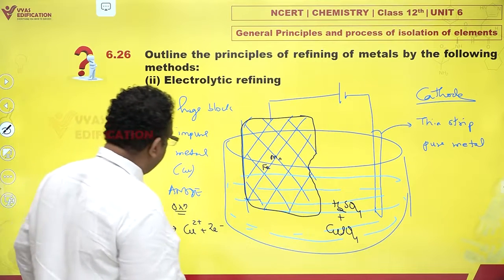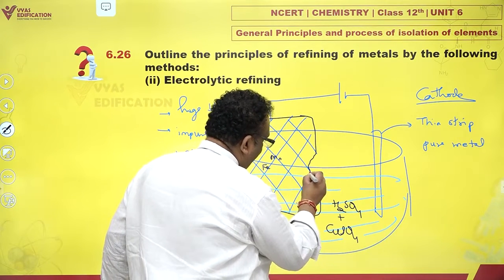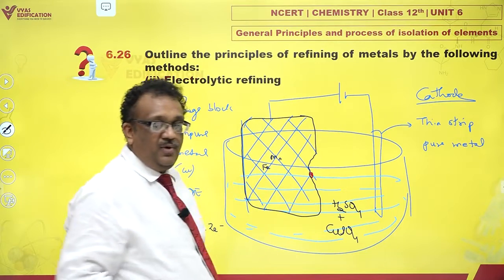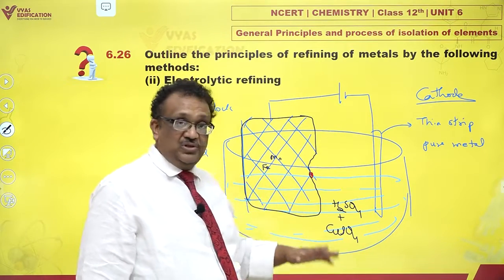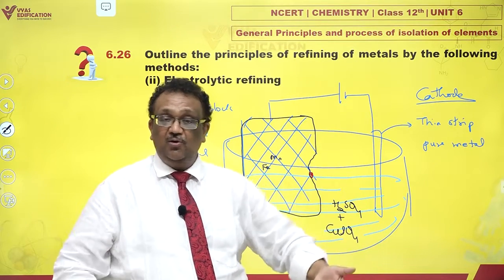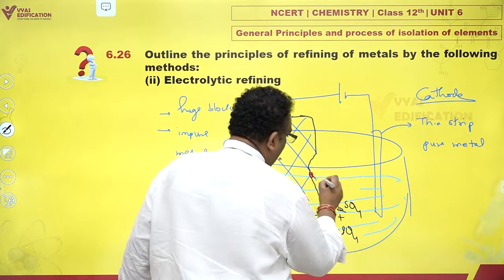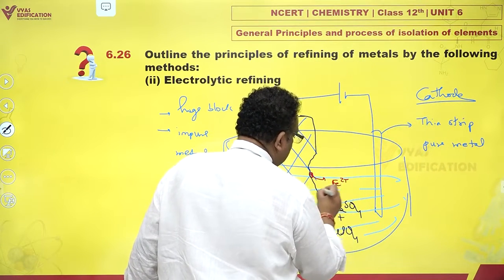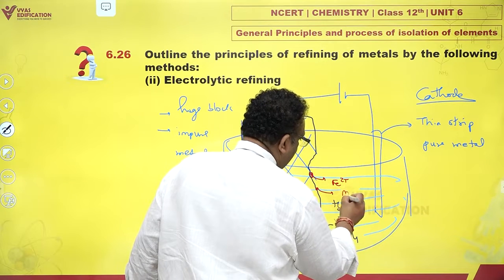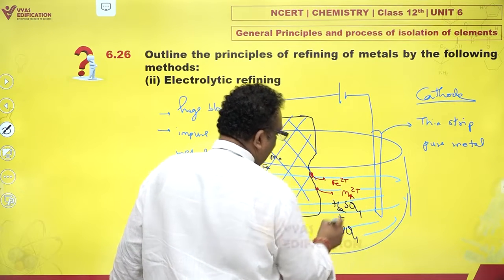Now just imagine, had there been a particle of, say, iron here. The moment iron is exposed, iron says, wow, I can also undergo oxidation because I am more reactive than copper. And you find that iron also passes into the solution as aqueous ions.